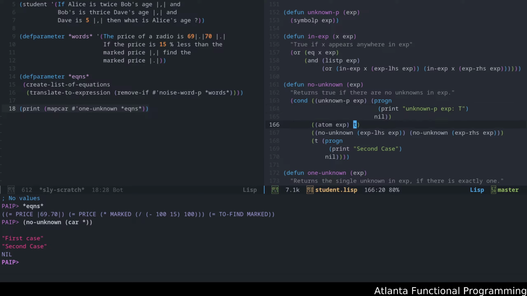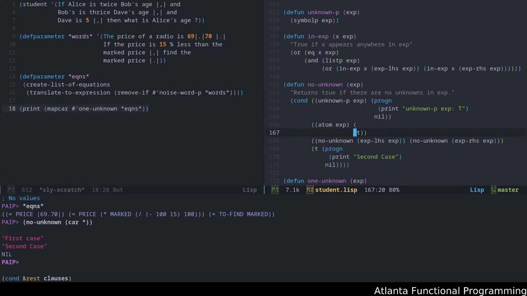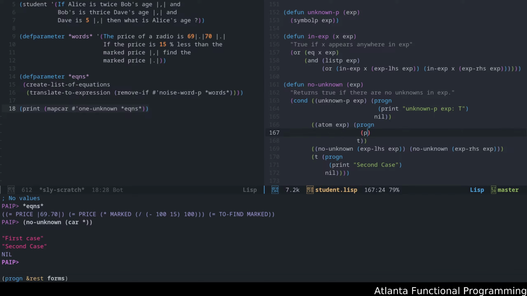Okay, let's also wrap this guy around. Again, print exp is atom, or atom exp true.